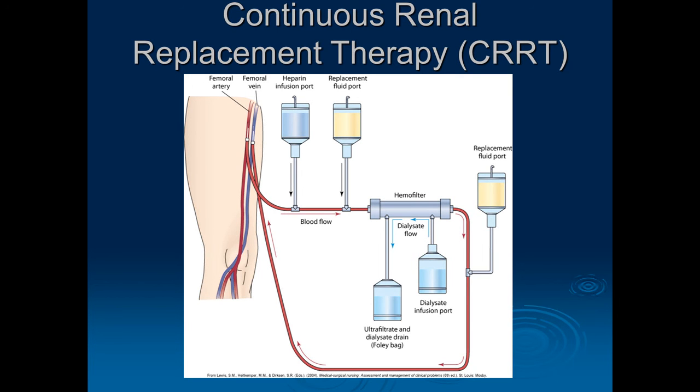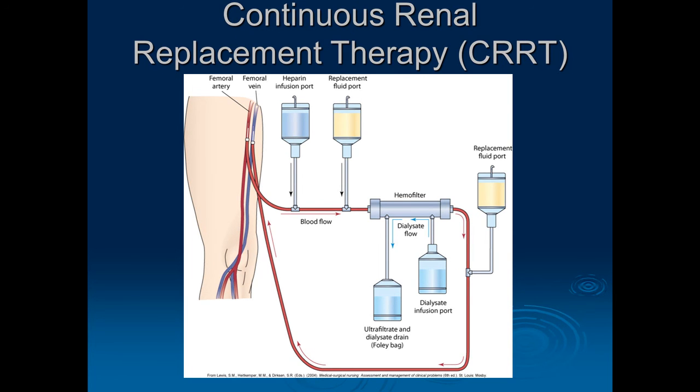This shows you just a little drawing of continuous renal replacement therapy. It's an option for patients that have acute renal failure. A cannula is placed in an artery and a vein or two veins, and the cannula is connected to tubing that contains a filter and a collection device.